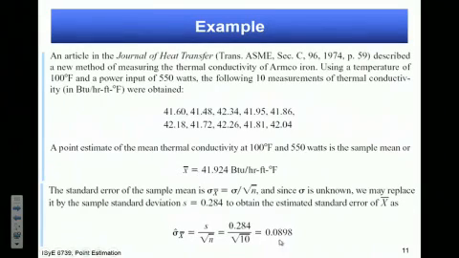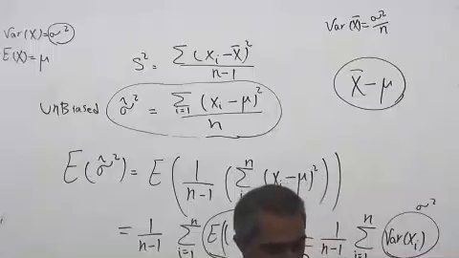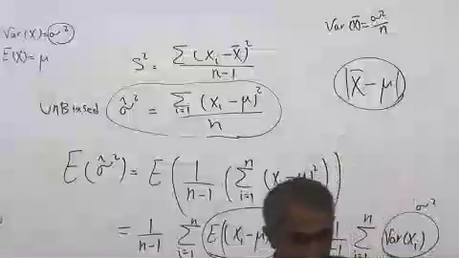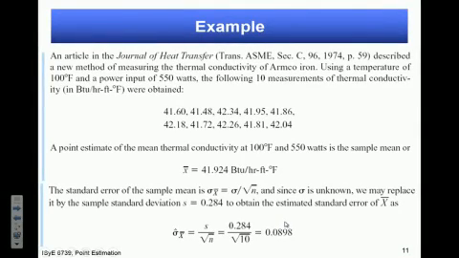So I can use it to model the error of my estimation, which is the difference between X bar and mu. Later in confidence intervals, you will see how they are related. Your error of estimation, the absolute value of X bar minus mu, is related to that standard deviation. Any questions?